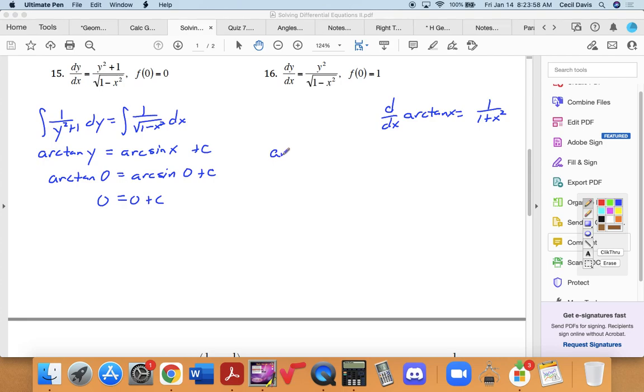So then I just have that the arctangent of y is equal to the arcsine of x. Take the tangent of both sides, and I have y is equal to the tangent of the arcsine of x. Okay?